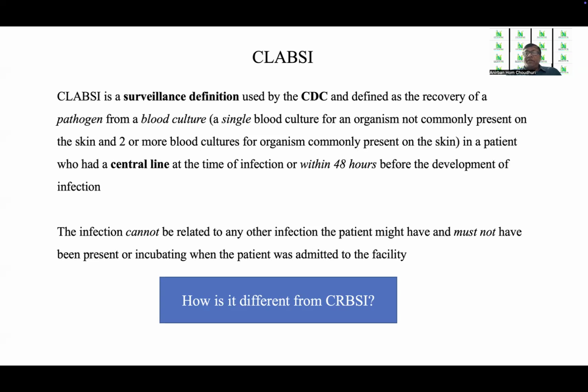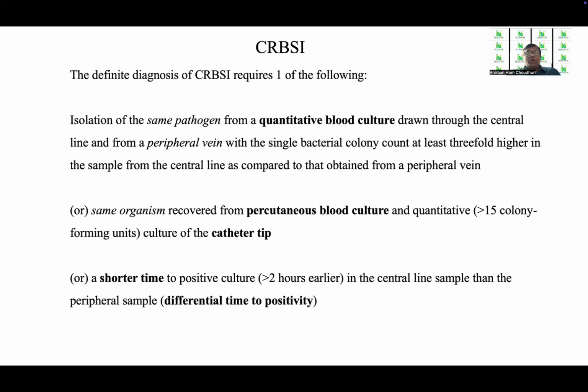Although they are often used interchangeably, the two definitions are different. The concepts behind these definitions are different, and the strategies are to a large extent similar, but their importance is different. So for catheter-related bloodstream infection, the definite diagnosis requires one of the following. And mind that this is a clinical definition.